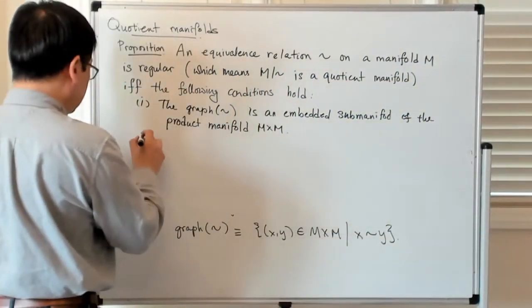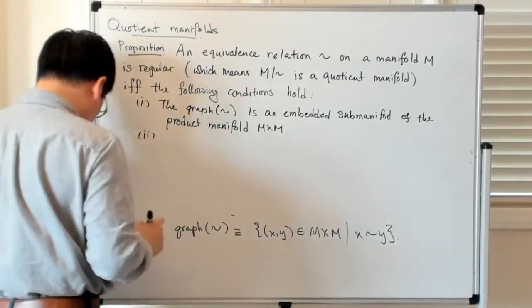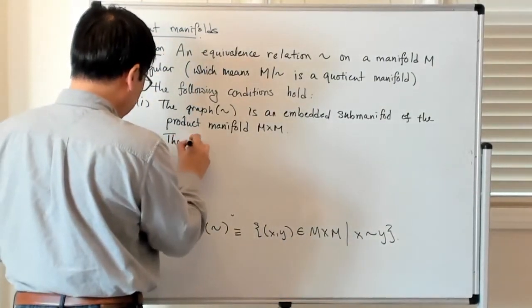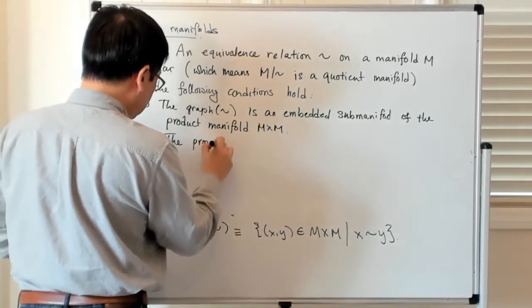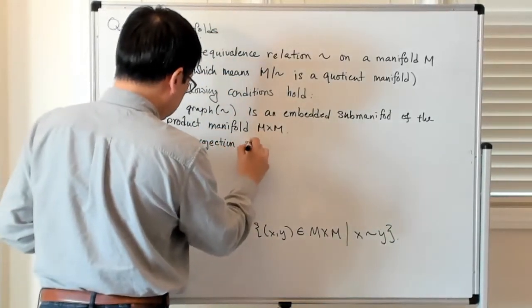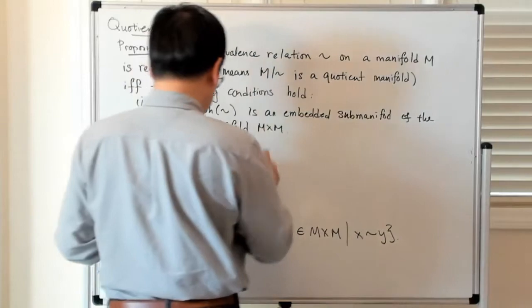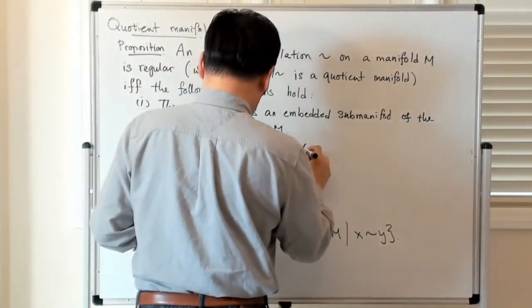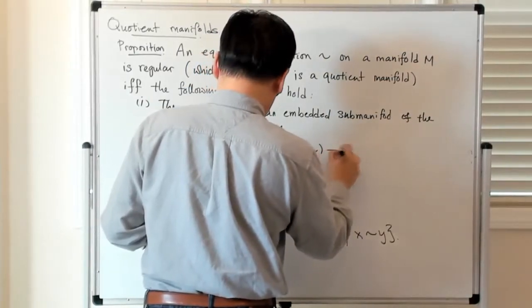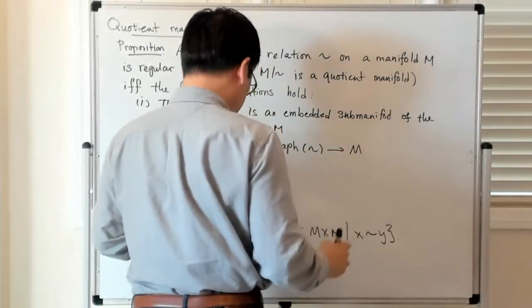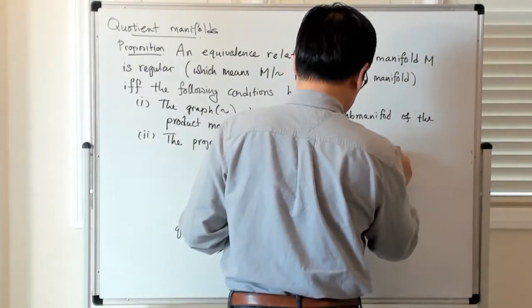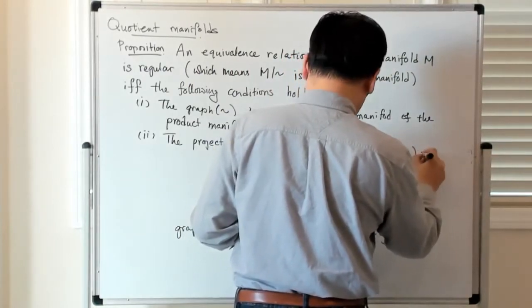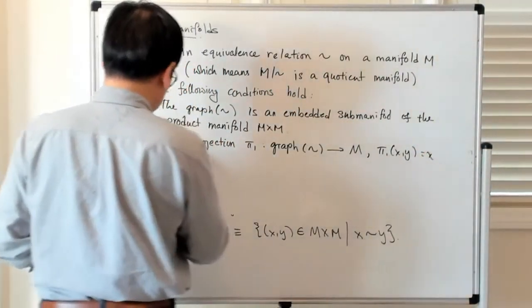The second thing is that the projection into the first slot, pi1, which is a map from the graph of tilde to M, obtained by pi1(x, y) equals x, is a submersion.